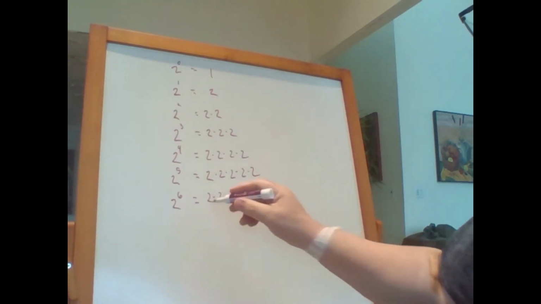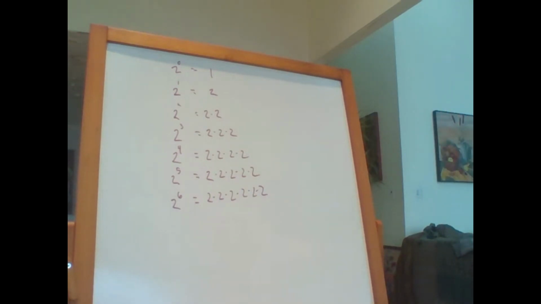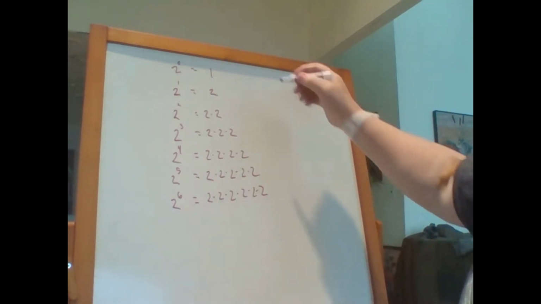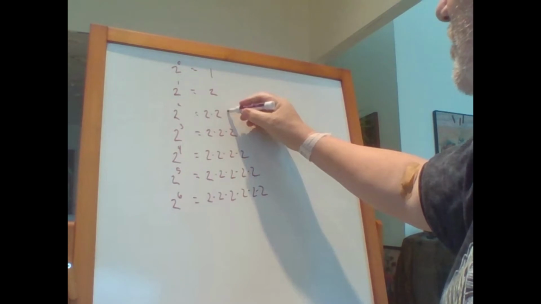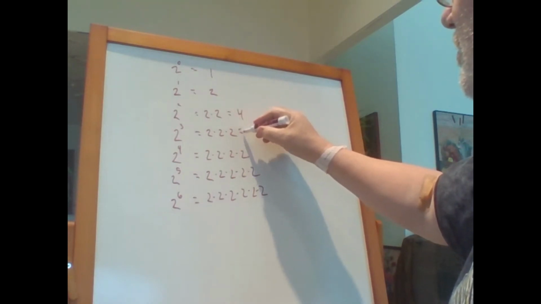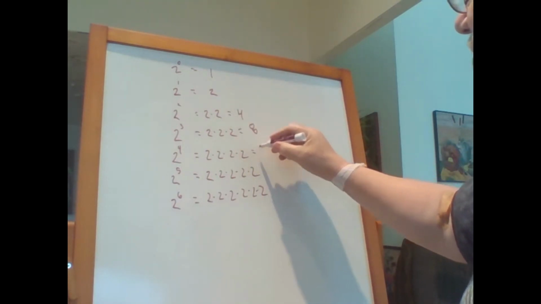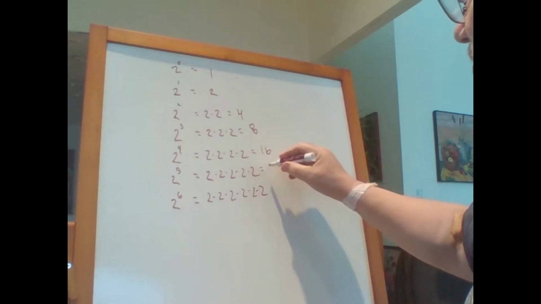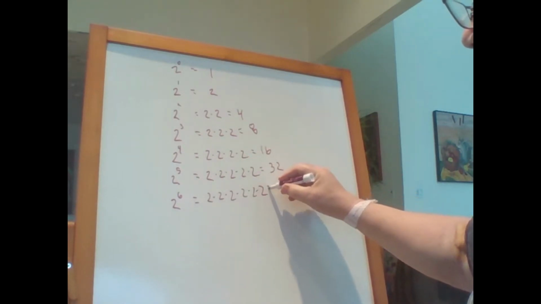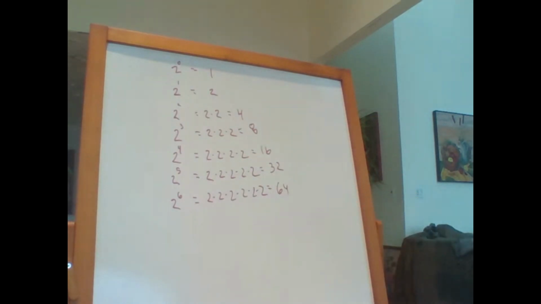And we can see that this is 4, this is 8, this is 16, this is 32, this is 64. And you can go on forever.